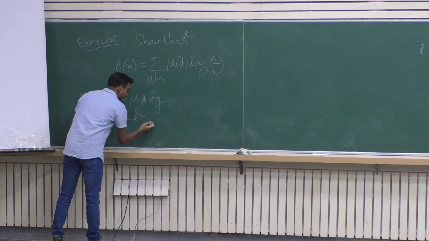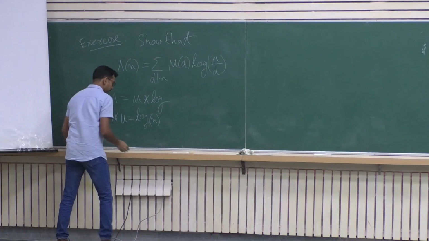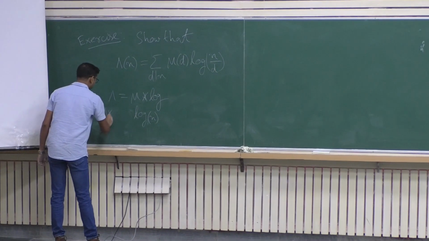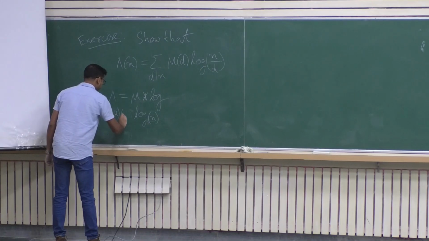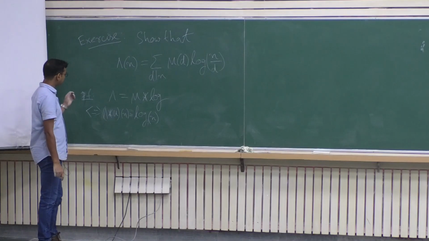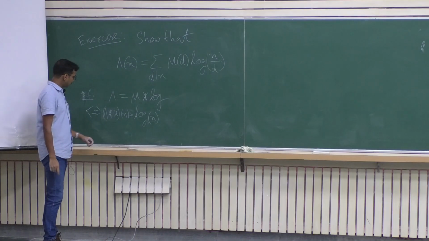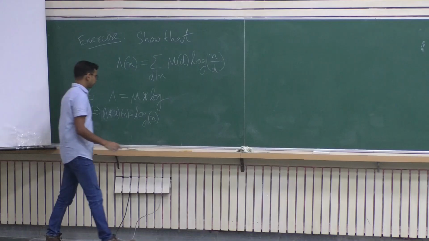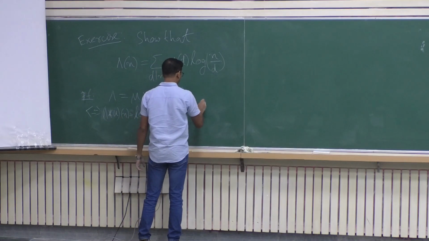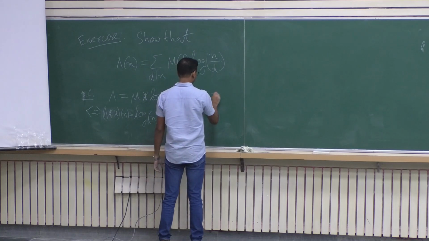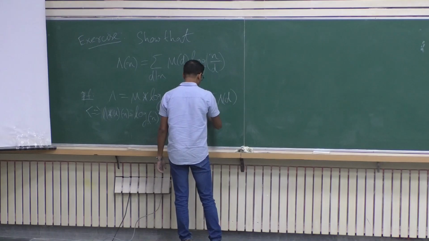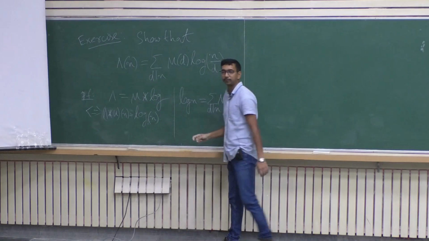That is, log of n is equal to lambda star u of n. So you have to show that log n is equal to the summation of lambda d, d dividing n.